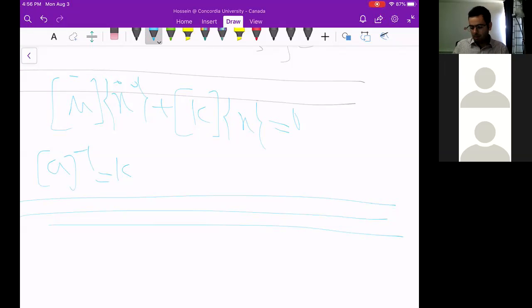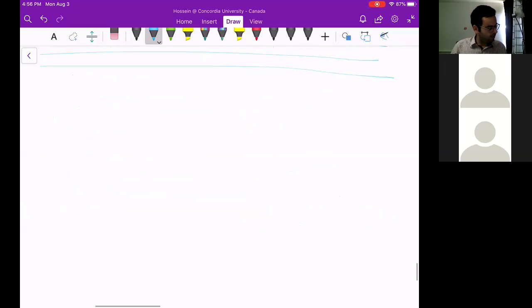So the next problem I would like to solve is a stiffness problem, which is the same approach. In chapter 6, section 6.31, briefly I'd like to explain.